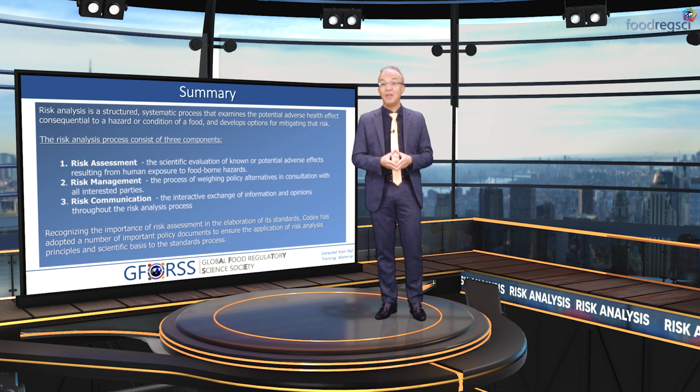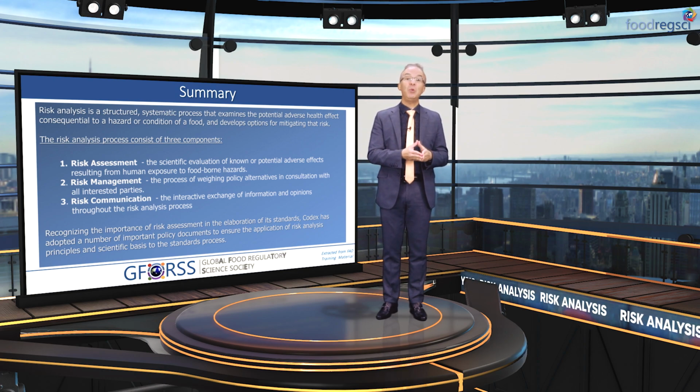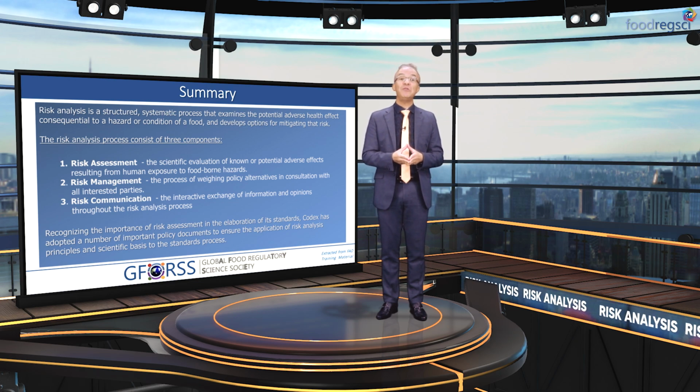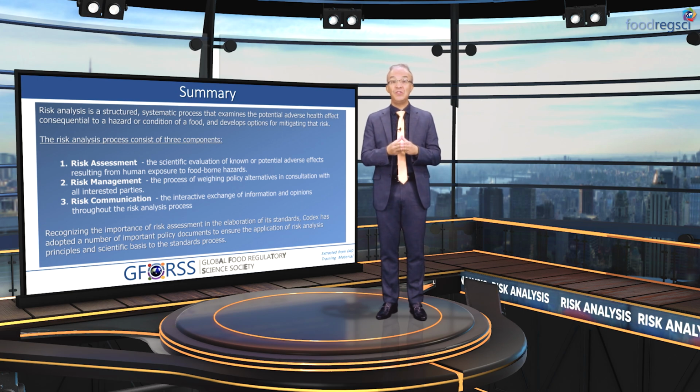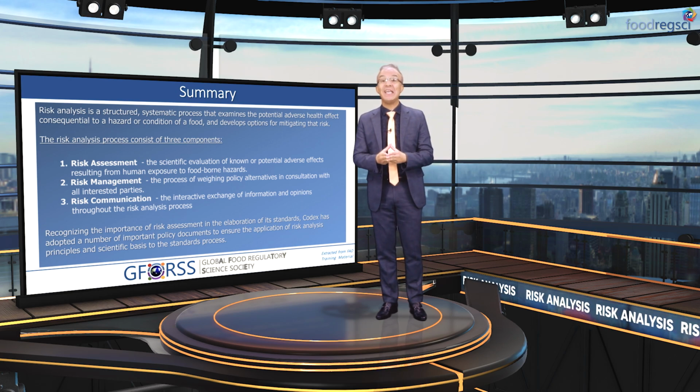In summary, risk analysis is a structured, systematic process that examines the potential adverse health effect consequential to a hazard or condition of a food and develops options for mitigating that risk.